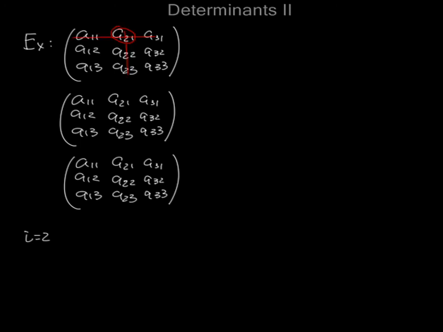Let's take i is equal to 2. And so the first cofactor is this one here, and you get (-1)^(2+1). And the corresponding minor is this one right here. So you get the determinant of this 2 by 2 matrix.